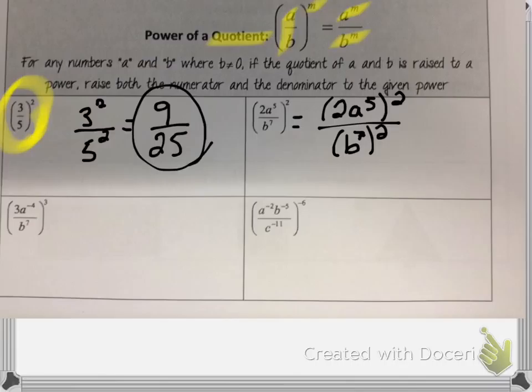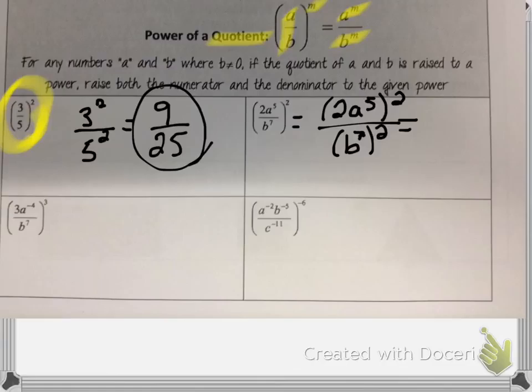So just like we learned when we did power of a power, power of a product, we want to distribute the 2 outside the parentheses to both of the pieces inside. And when you do that, you're going to use power of a power to simplify.